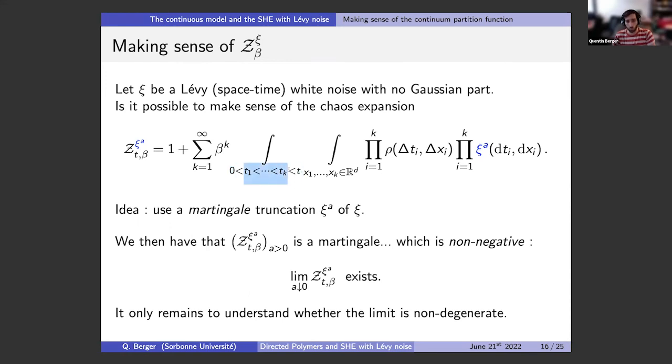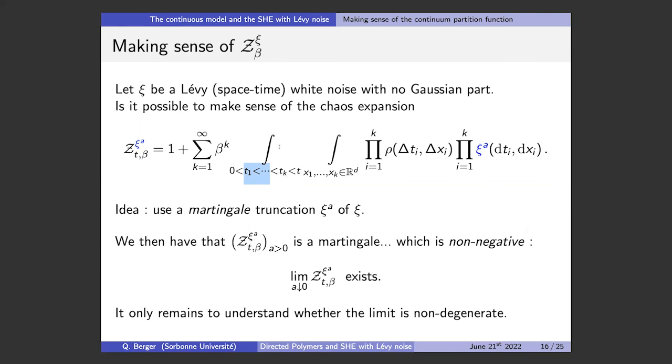You want to order them. So you can see that as integrals within one another. If you fix t1 up to tk minus 1, you integrate tk between tk minus 1 and t, and then you integrate tk minus 1 between tk minus 2 and tk.